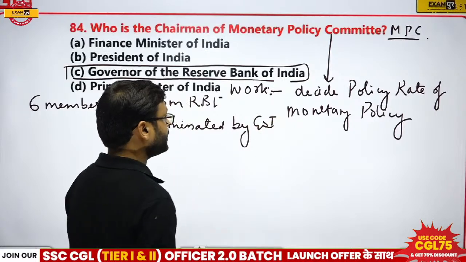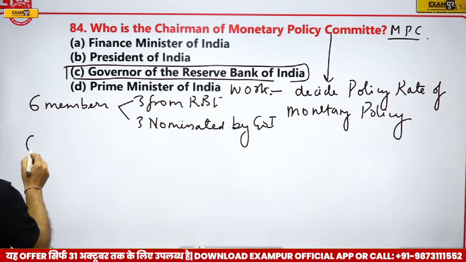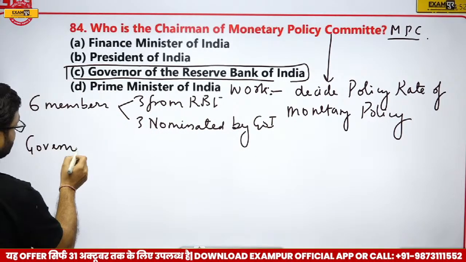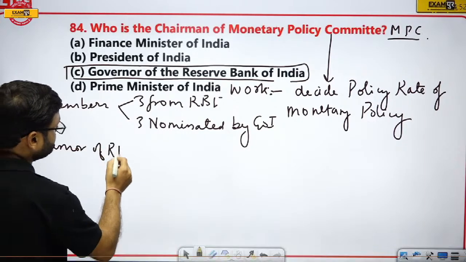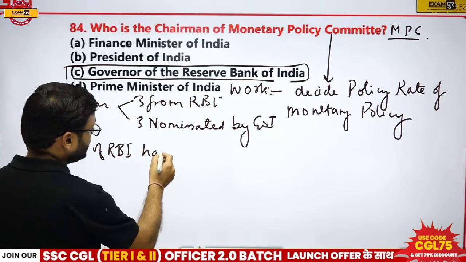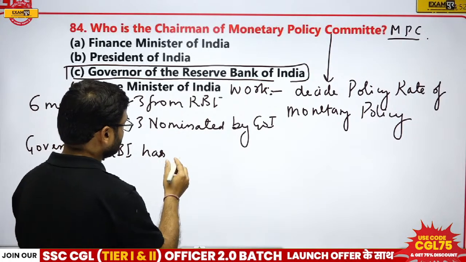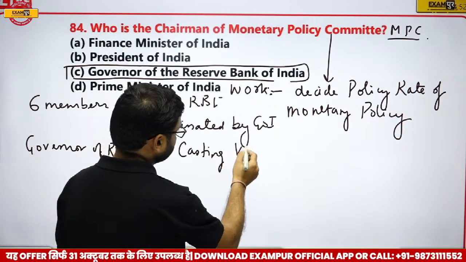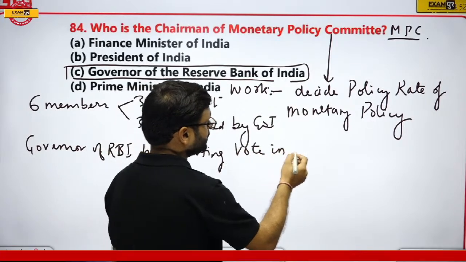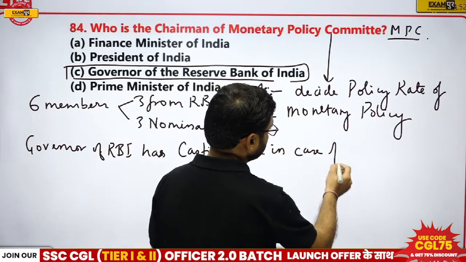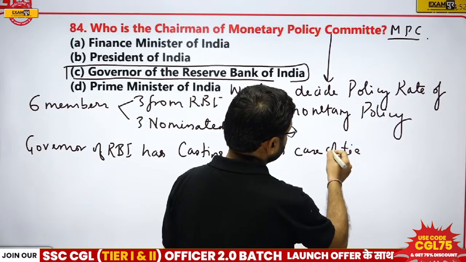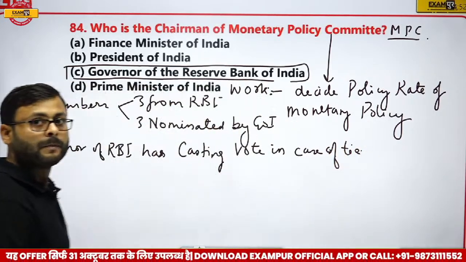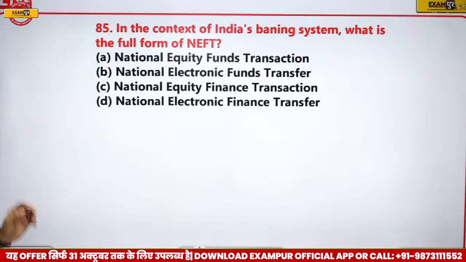And the Governor of RBI has casting vote in case of tie. Now let's move to the next question from here.